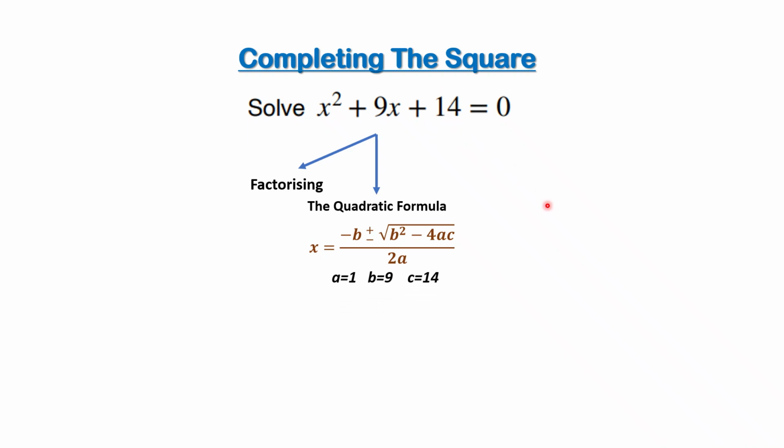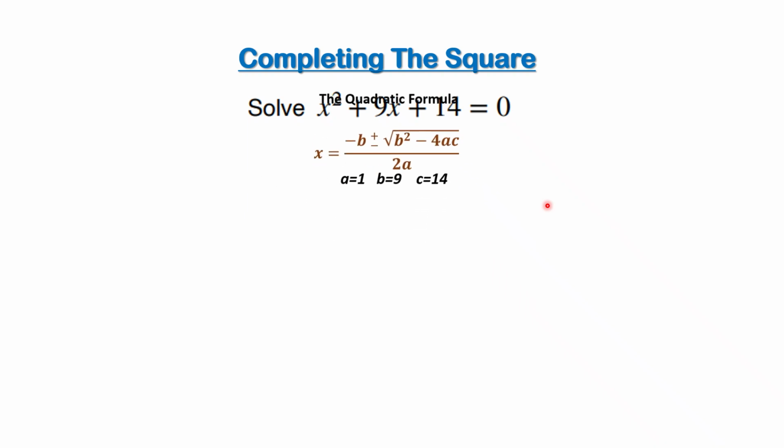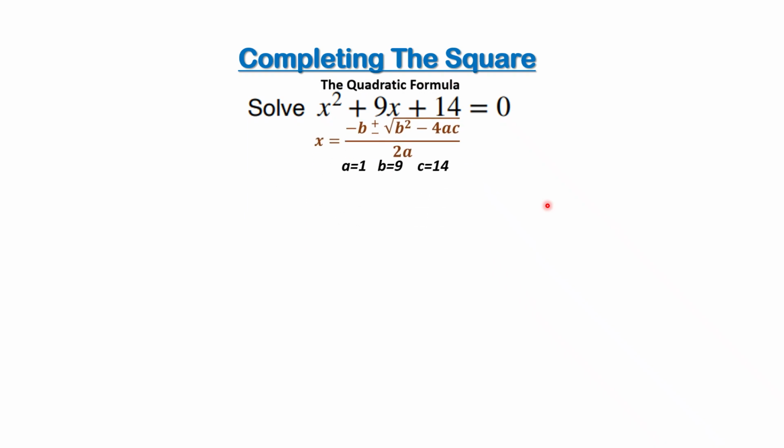Now just plug them here. Substitute these values in this formula. You will have x equal, do you like this? I like the animation. So you'll have x equal, and instead of negative b, it's going to be negative 9, plus or minus the square root of b squared.